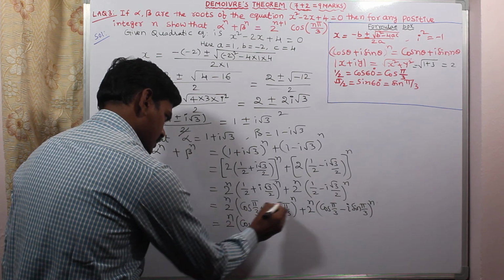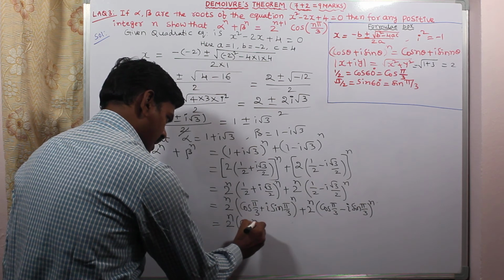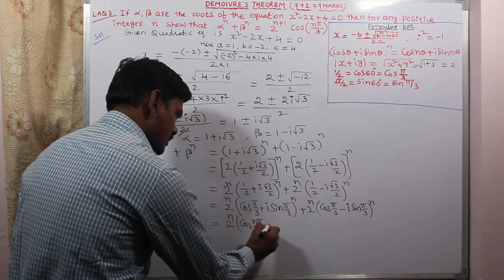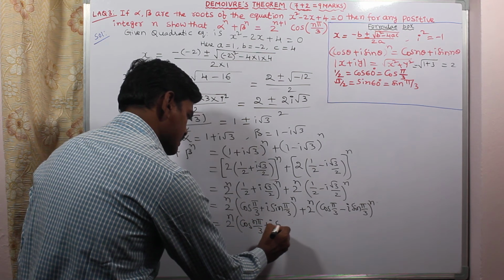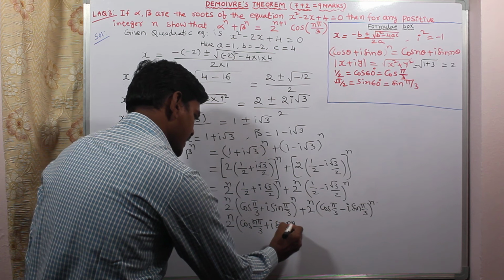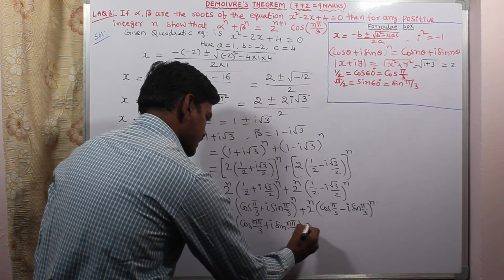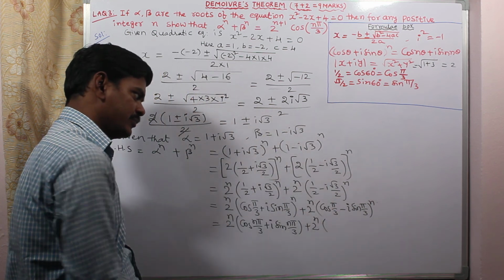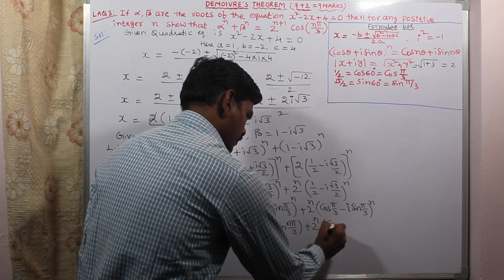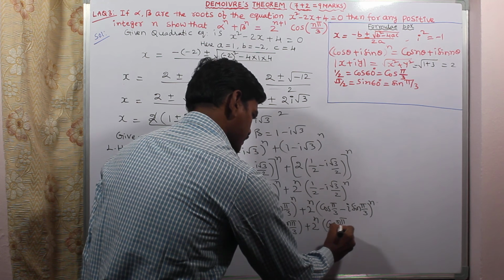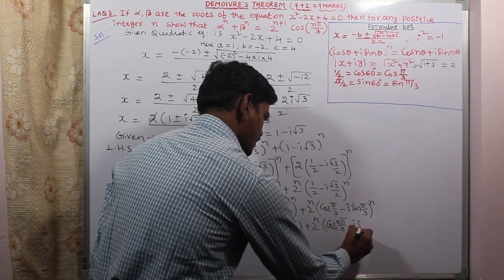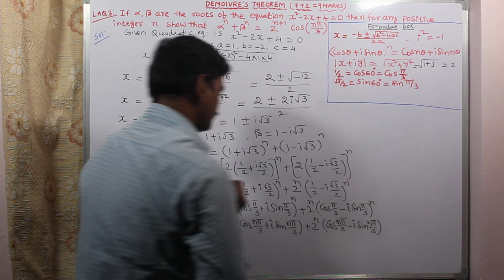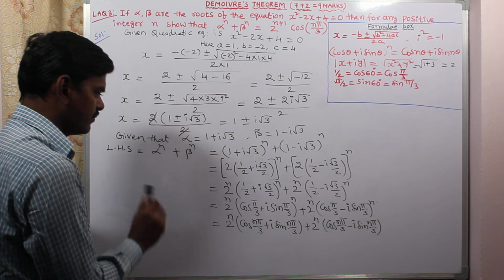Cos pi by 3 becomes cos n pi by 3 plus iota into sin n pi by 3, plus 2 power n same. Next, on applying De Moivre's theorem, cos n pi by 3 minus iota into sin n pi by 3. Okay, we'll go for further simplification.